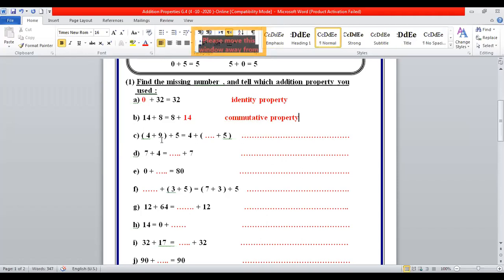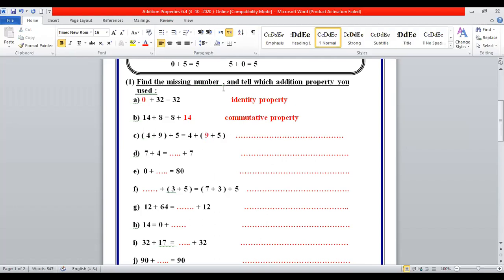C. 4 plus 9 plus 5 equals 4 plus what plus 5? Compare the two sides and you will find the missing number. 9.